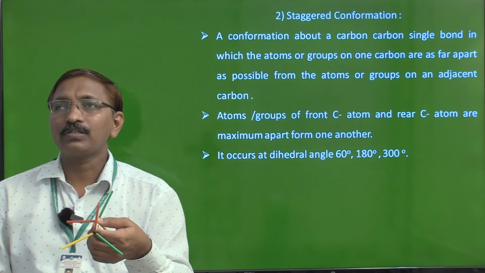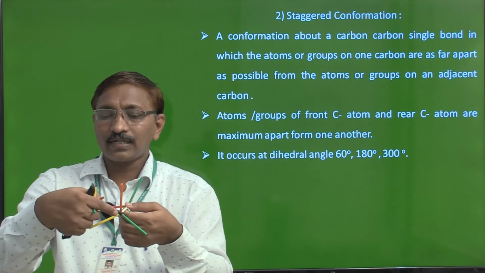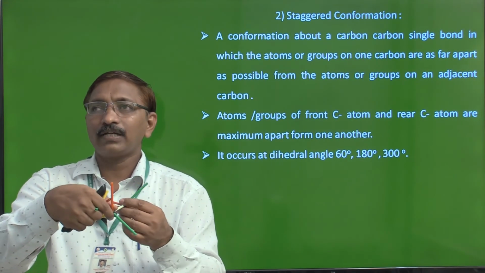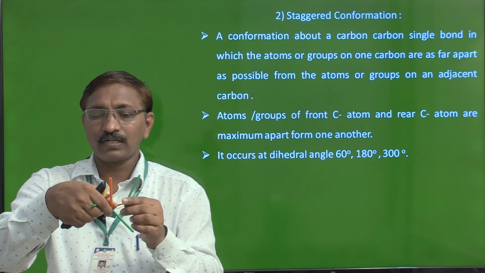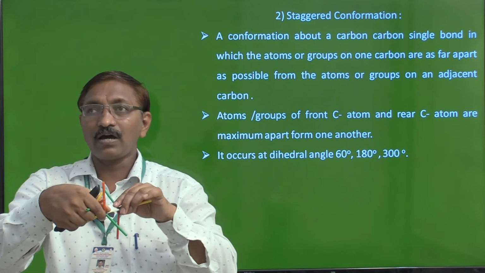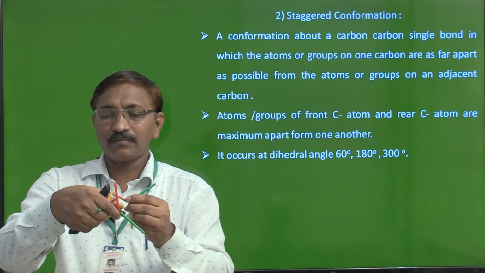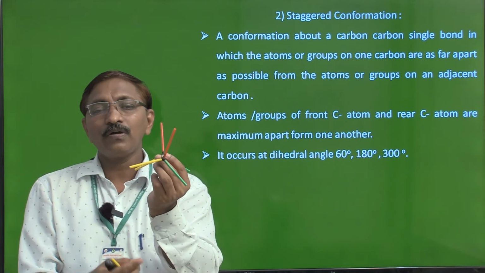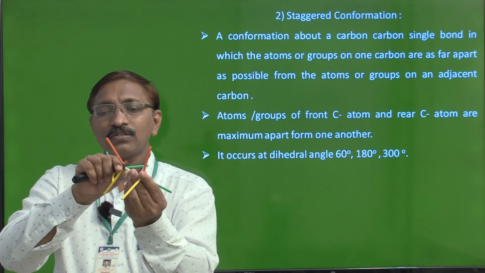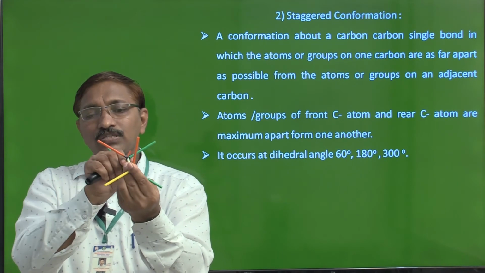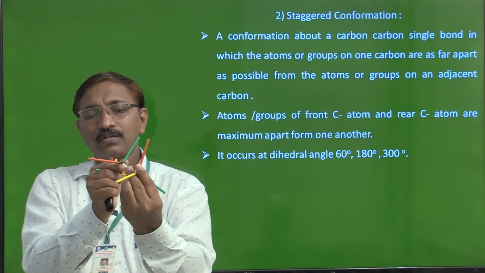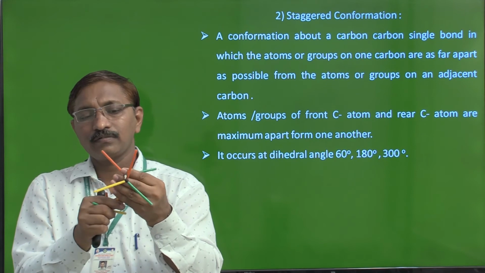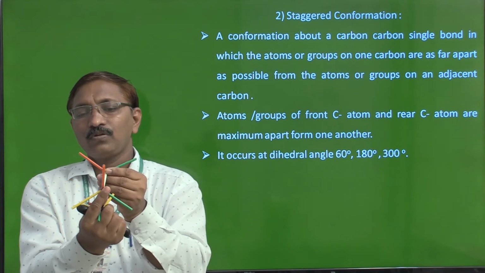While in the staggered conformation, the groups attached to the front carbon atom and rear carbon atom are maximally away from each other. In this case, this is the eclipsed form. When we rotate this through just 60 degrees, you can observe what happens.